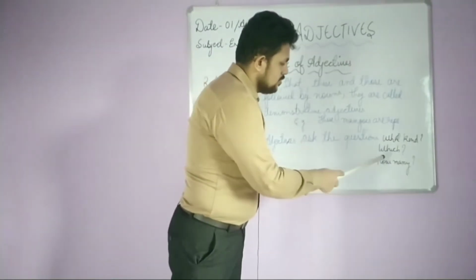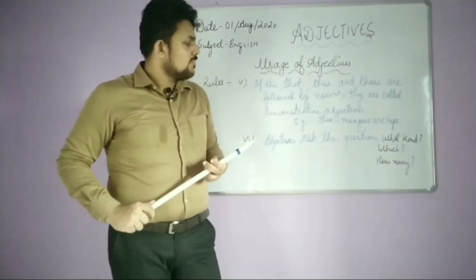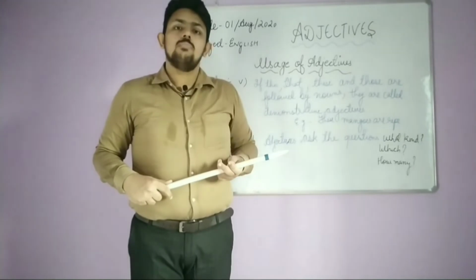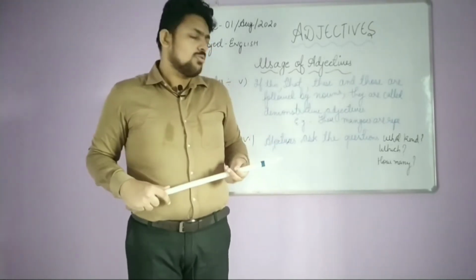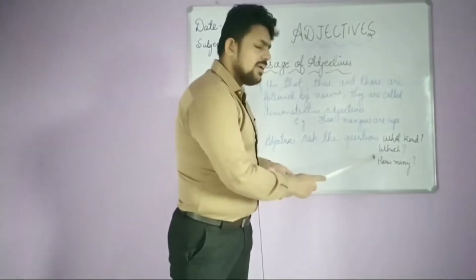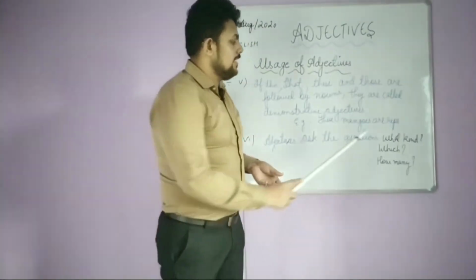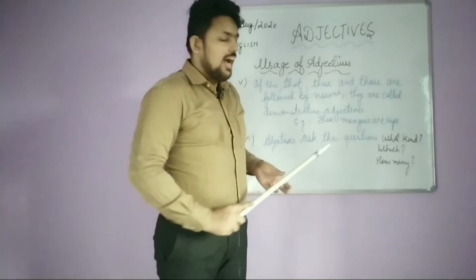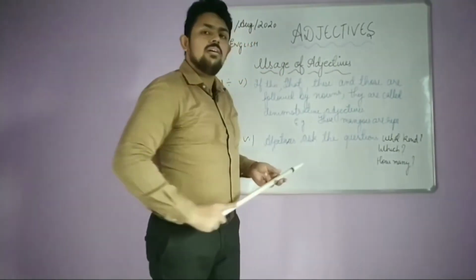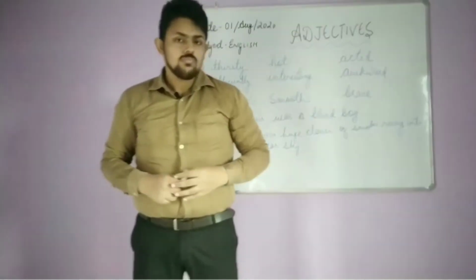We are using which. So when we are using which, then we are identifying it, that which of these boys, which of these buildings. So it is again justifying the definition. Then how many? So it is describing, identifying and quantifying the noun or pronoun.